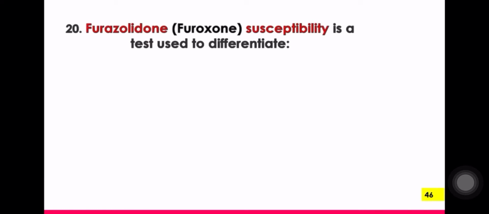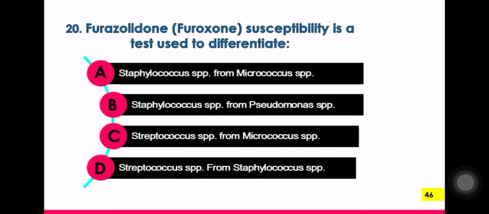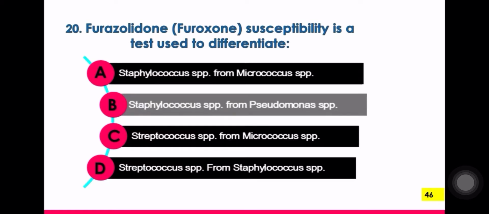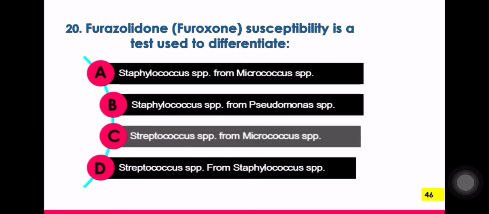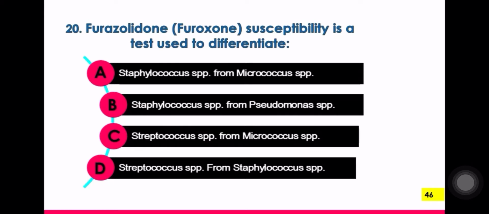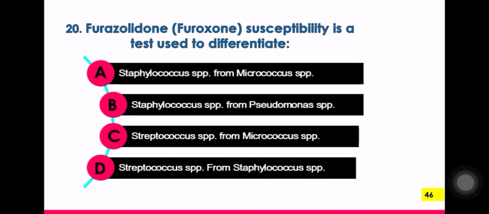Number 20, furazolidone or furoxone susceptibility is a test used to differentiate: A, Staphylococcus from Micrococcus; B, Staphylococcus from Pseudomonas; C, Streptococcus from Micrococcus; or D, Streptococcus from Staphylococcus.